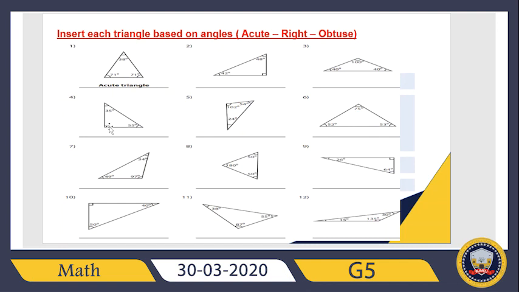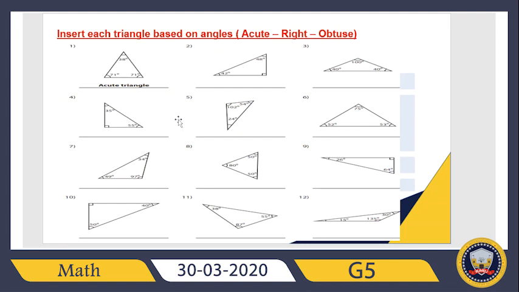Number four here, what did you see? I see a half square. As long as I see this half square, it means what? It means 90 degrees. So as long as I see 90 degrees inside any triangle, this triangle is a right angle triangle.